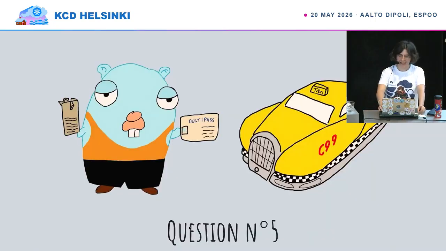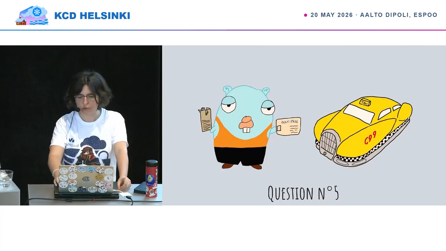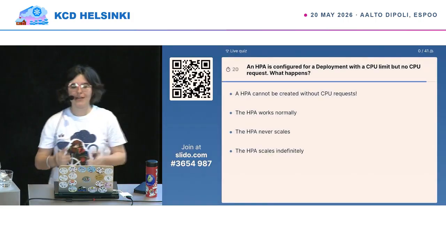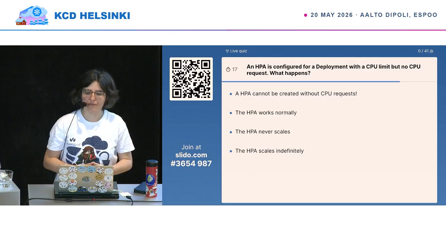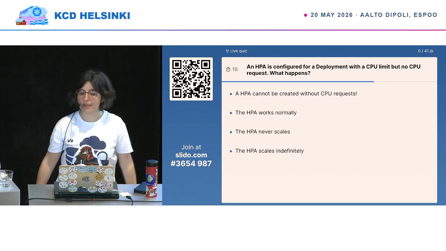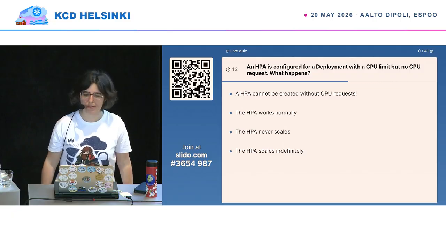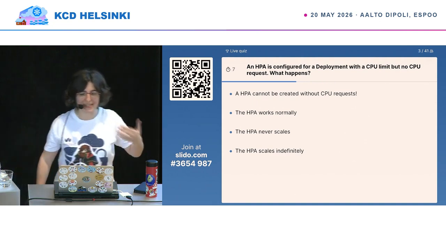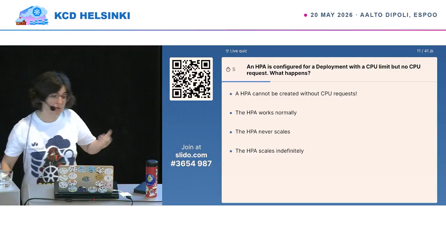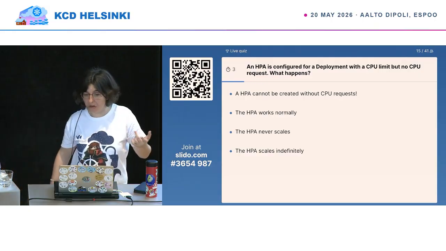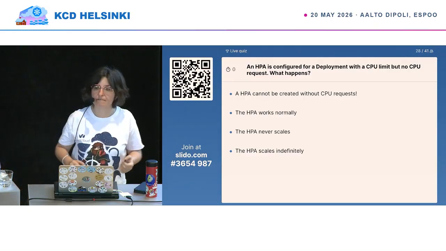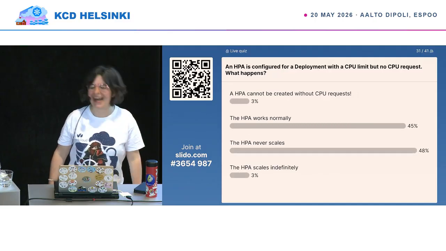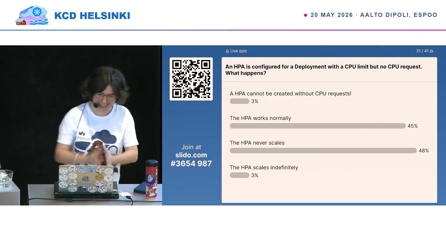Let's start with question 5. Get ready. An HPA is configured for a deployment with a CPU limit, but no CPU request. What happens? The HPA cannot be created without a CPU request, or the HPA works normally, or it never scales, or it scales infinitely.